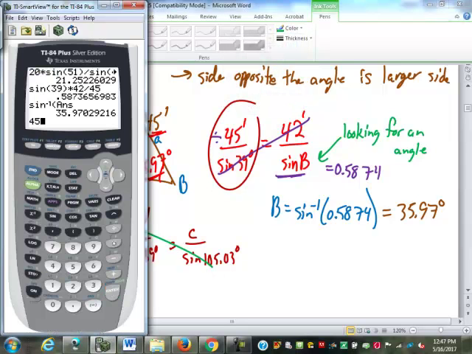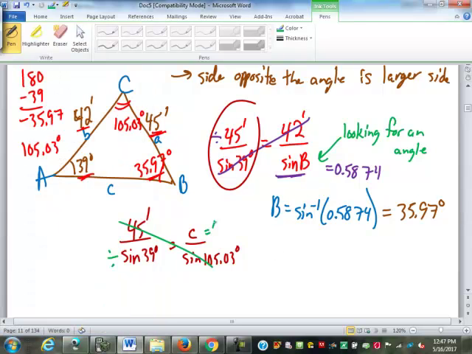So 45 times the sine of 105.03, close those parentheses, divided by the sine of 39. 69.06 feet. And that makes sense, that angle is a lot larger than the other two, so that side is a lot larger than the other two.